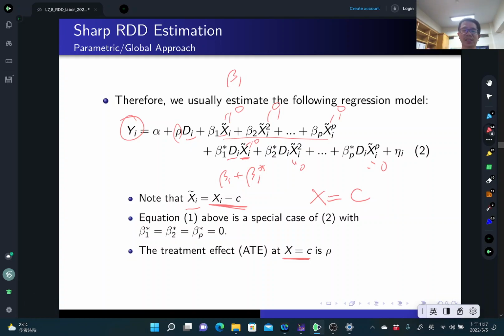And the only difference at the cutoff happens at c. We compare the intercepts: this intercept is alpha plus rho, and this intercept is alpha. So the discontinuity can be represented by the coefficient rho.